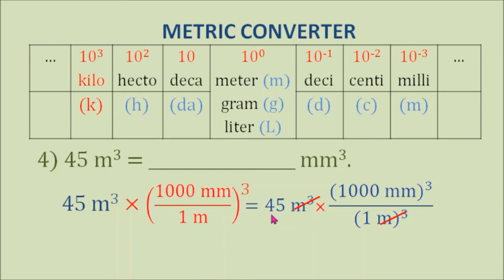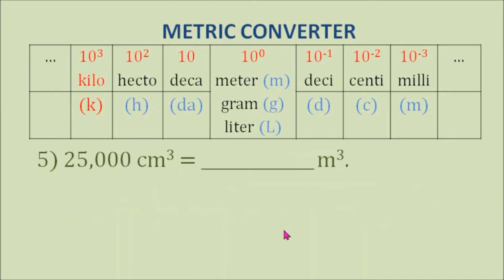So that's 45 times 1000 millimeters cubed. So if we are going to raise 1000 to the third power, it has 9 zeros. So that means our answer is 45 billion. Example number 5.